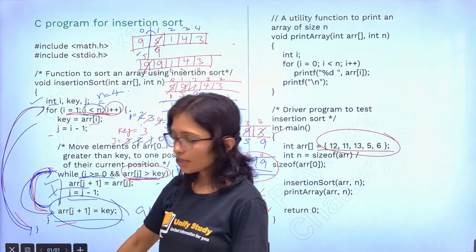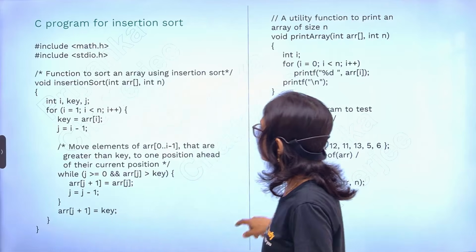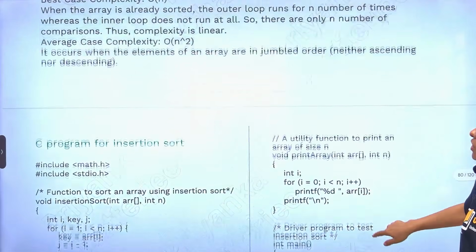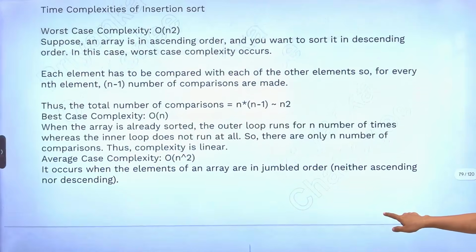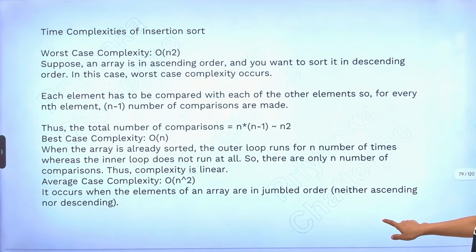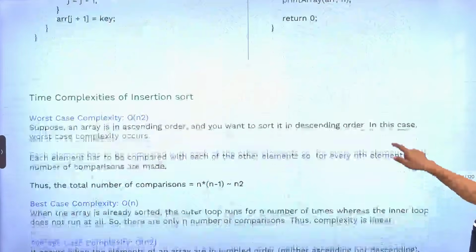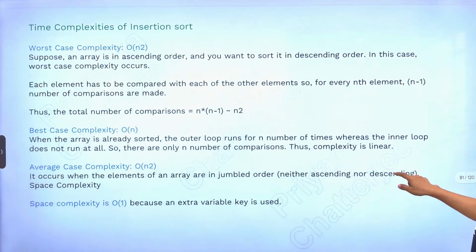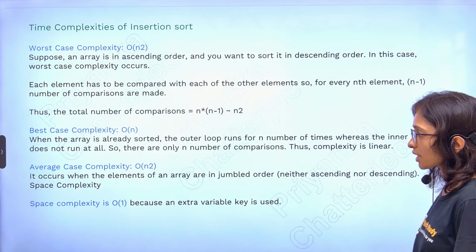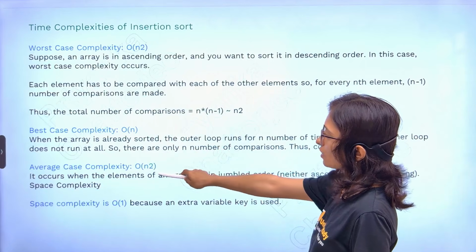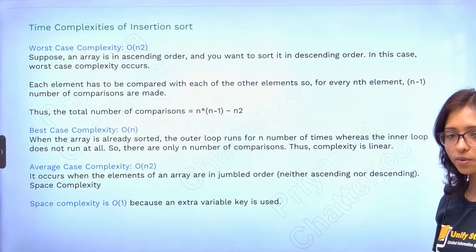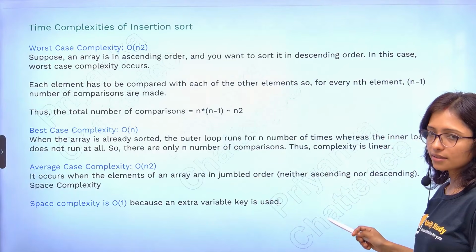Clear to everyone? I hope so. So that's why you can see the time complexity here. This is insertion sort. The time complexity is order of n square for the worst case, best case order of n, and average case is also order of n square, and it is an in-place algorithm.